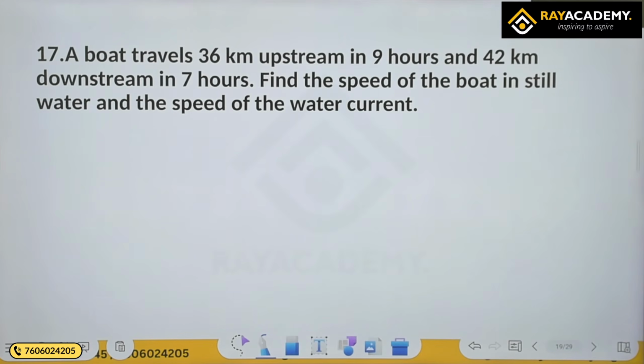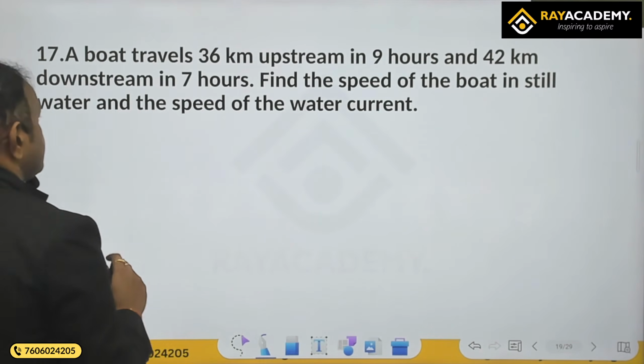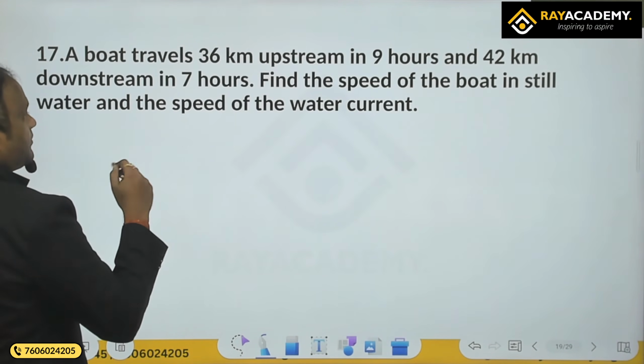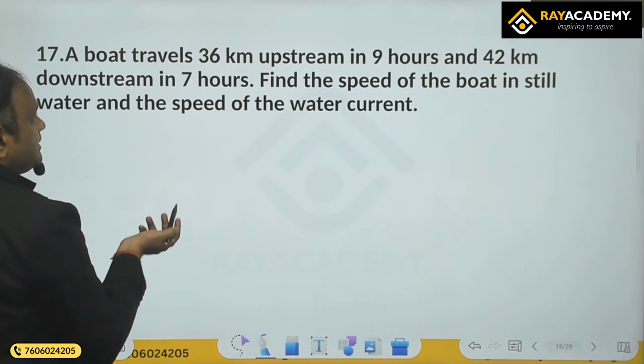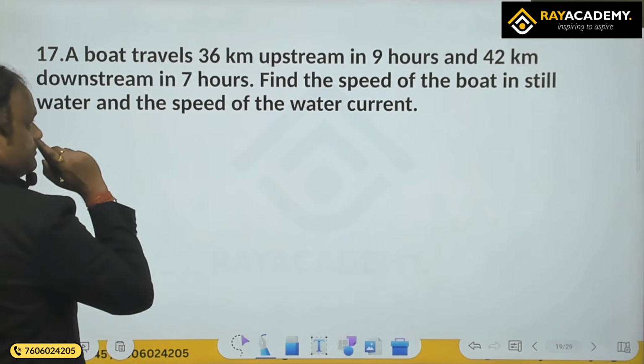So boat and stream question, we discussed that there are two kinds of speed. One is upstream speed, another is downstream speed. What is downstream speed? The direction of the stream, if the boat moves in that same direction, that is called downstream. If stream direction and boat direction are different, then it is called upstream.